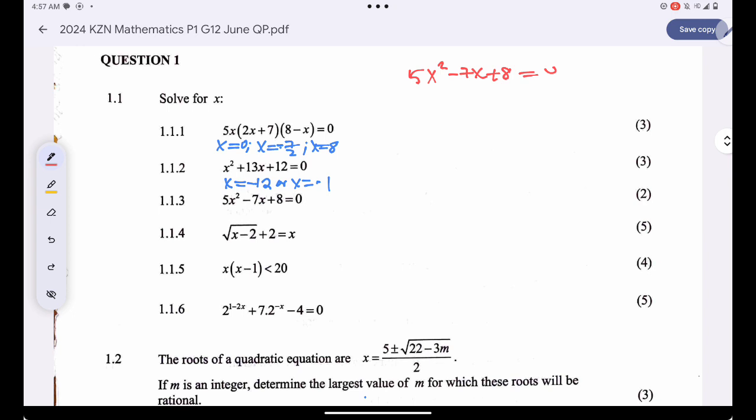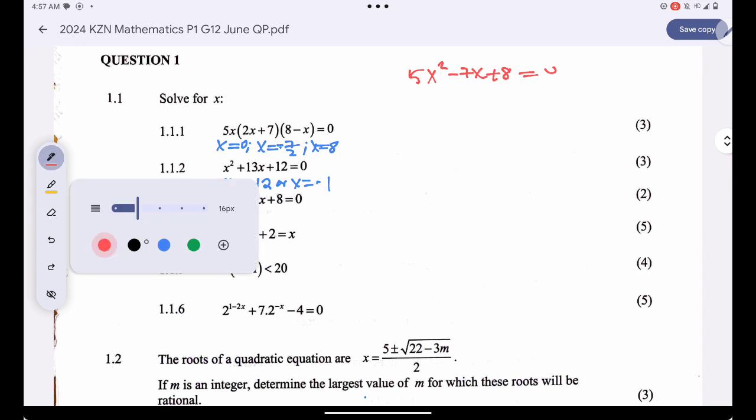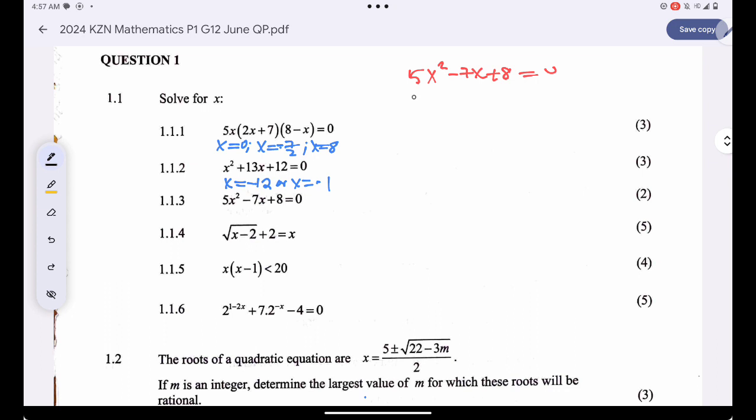So in this situation we must resort to the quadratic formula, whereby we know that for us to use the quadratic formula, firstly we must know the values of a, b and c, whereby a is anything in front of x², b is everything in front of x, and c is the constant term.